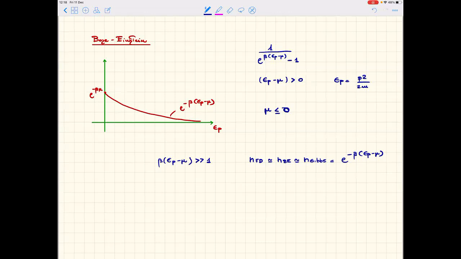Sorry. Yes? What is the Gibbs distribution? Well, the Gibbs distribution is, up to a normalization, e to the minus beta (epsilon_p minus mu).